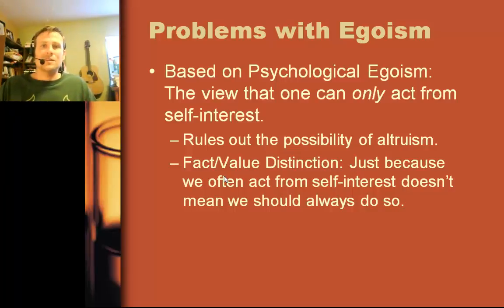So, for instance, if you move to a neighborhood you really don't want to live in, that's really inconvenient and uncomfortable, in order to help your children be in a good school district. Right? It makes them happier, makes you happy to see them happy, but still the reason you're doing it is not because it makes you happy to see them happy. It's because it makes them happy.